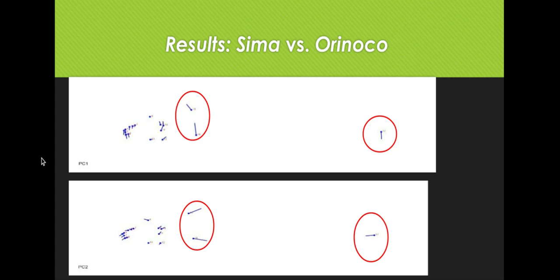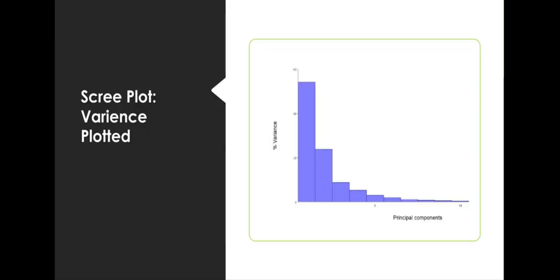The second greatest amount of variance is in principal component 2, which is a variance in length for Sema and Orinoco. And again, the ball and stick model shows that there is a large amount of variance here. But this is only a visual model, and not many numbers can come from this unless you plot it against each other.